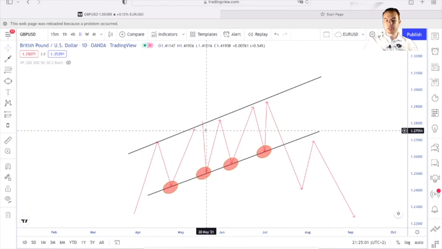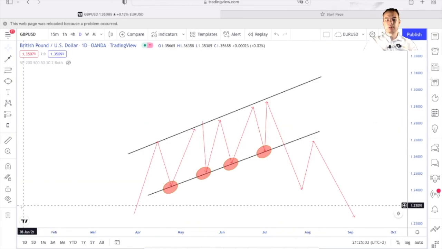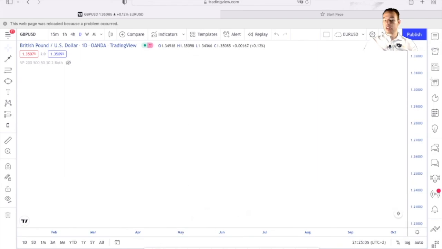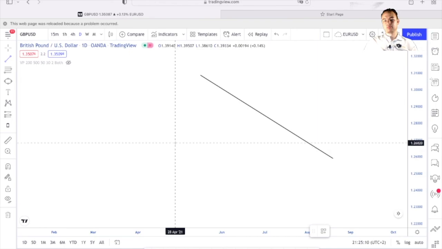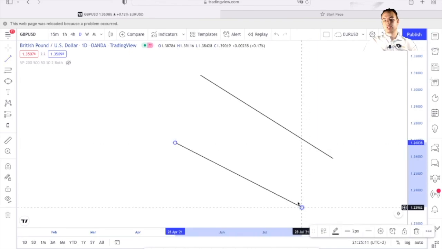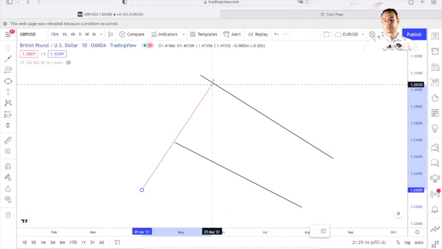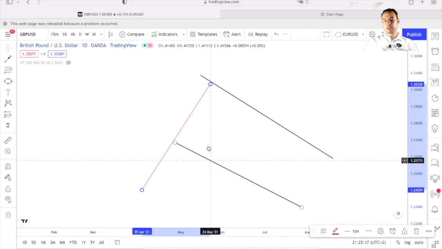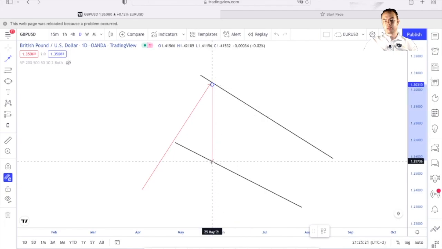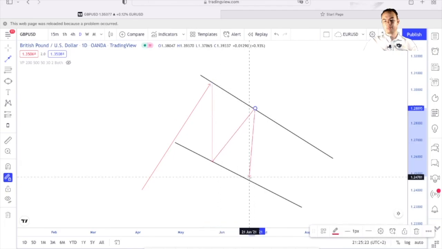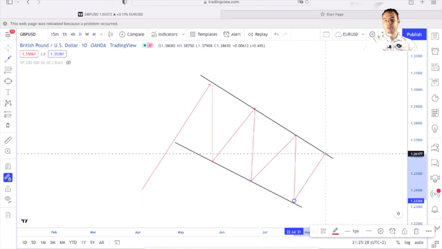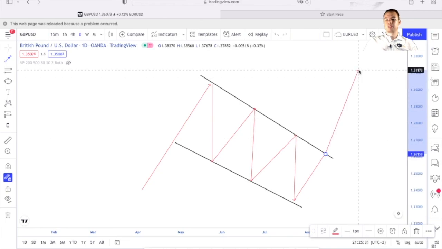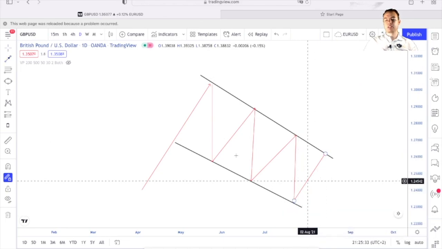So that's the recap of the ascending trend channel, and then you get your descending trend channel, where it's going down. Price makes a lower high, lower low, lower high, lower low, lower high, lower low, lower high, up until the point it breaks above or below, whatever the case might be.